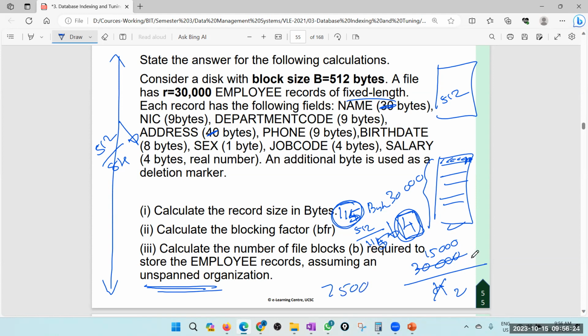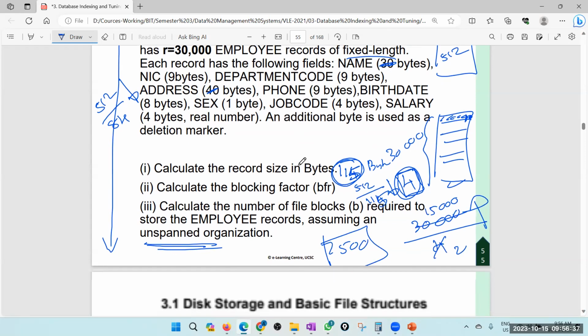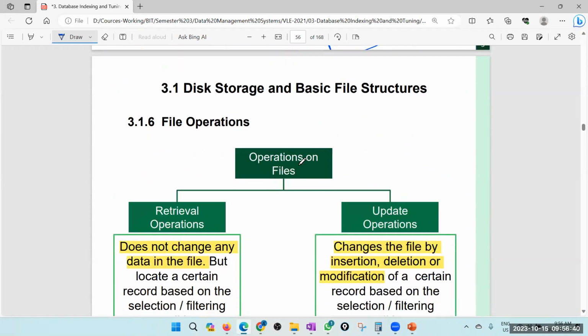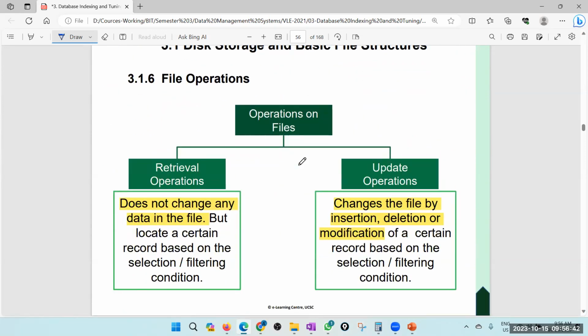So you don't have to ceiling it because it's perfectly divisible. So you need 7,500 blocks for keeping this particular file. Okay. Right, so let's move on.